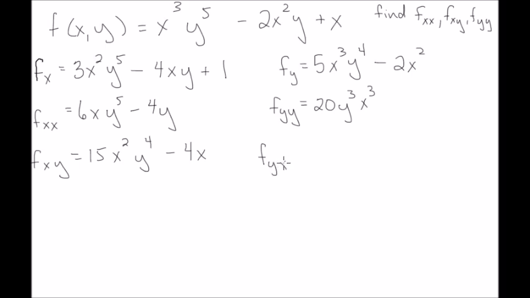So I take f sub xy. I'm looking at this expression now. I've already done with respect to y, so I need to do with respect to x. I'm going to bring the 3 down. So I get 15x squared. My y was a constant. And the derivative here with respect to x is negative 4x.